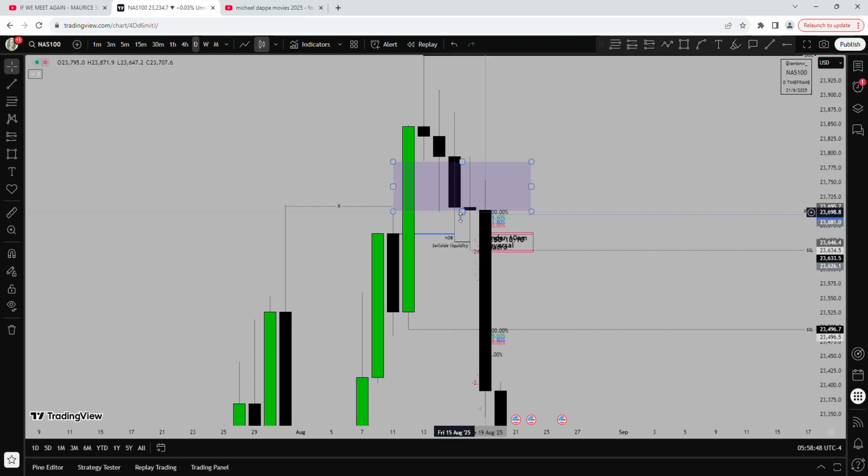Price did not necessarily close below this FVG, at least not yet. So I think this was the day I took my trade on this long bearish candle, but the previous day had not closed below this FVG to then classify it as an IFVG, right?